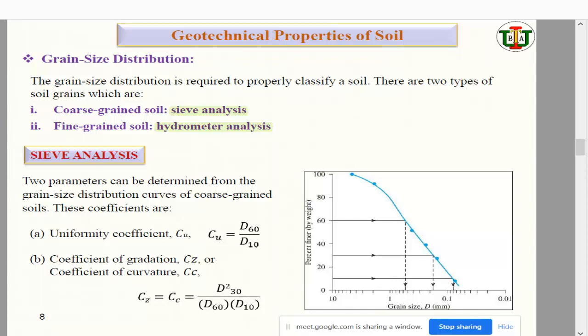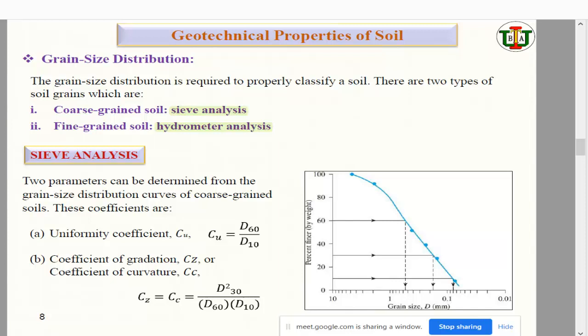Arif Sheikh? Yes, sir. Sir, fine soil, it means the diameter is very low, that is why it cannot be counted by sieve analysis. That is why we use hydrometer analysis.